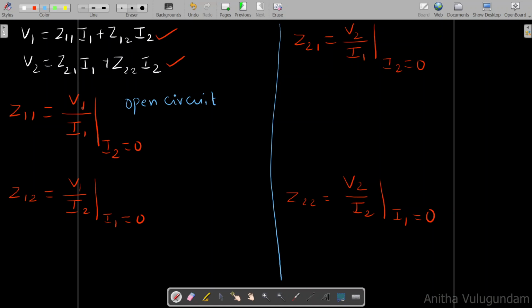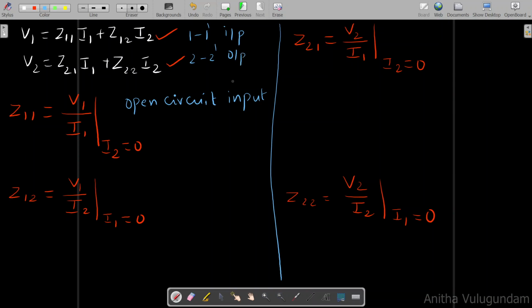And then here we have the ratio of V1 by I1, that is the ratio of variables only at port 1. So I can take it as port 1 is the input port. So 11 dash is the input port and 22 dash is considered the output port.